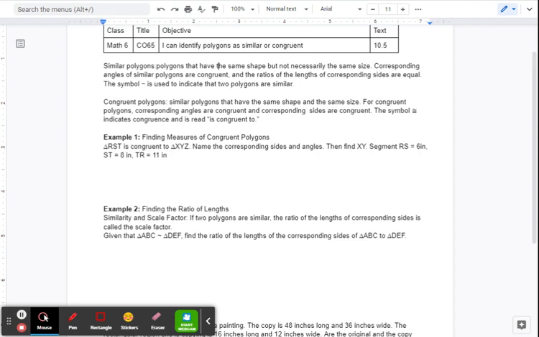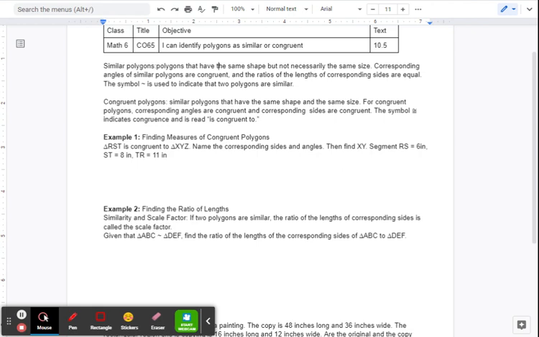So similar polygons have the same shape and different size. For congruent polygons, corresponding angles are congruent and corresponding sides are congruent. So I said that wrong. I was thinking of just one square would be congruent. We could have congruent rectangles. We're looking at the exact same sizes.